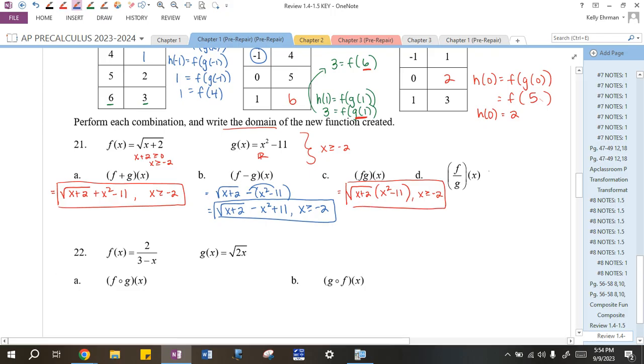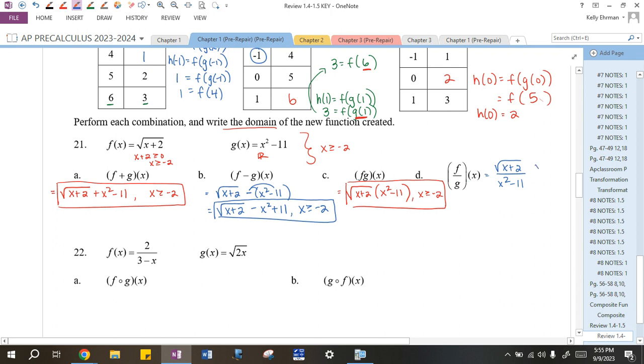Okay, and then for f divided by g, f is on top, g is on the bottom. Now this one's different because it'll be the quotient, the fraction problems, where we might get some extra restrictions to pop up.